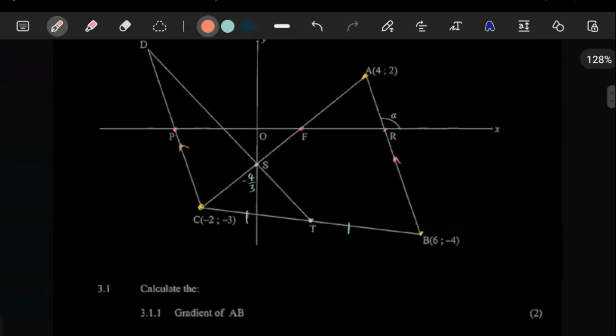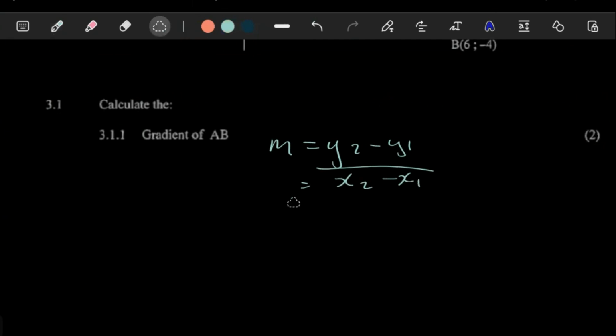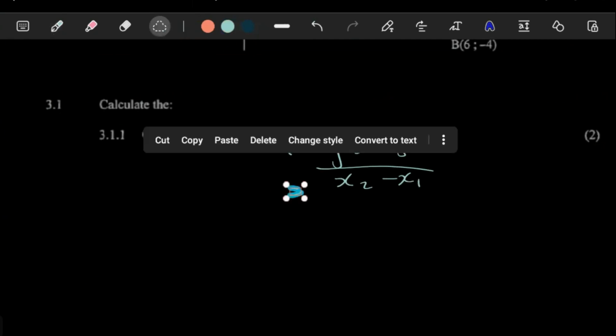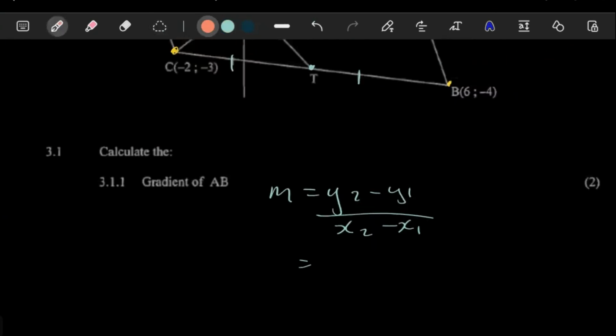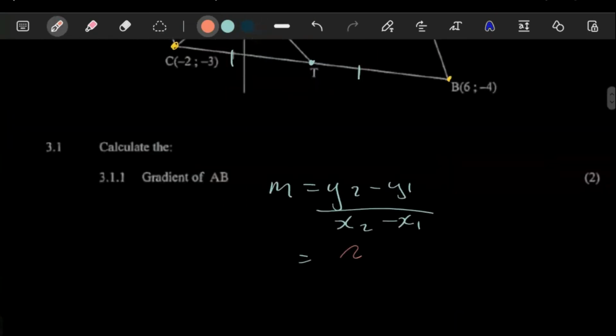Get the gradient of AB. Very straightforward, very easy question. 3 marks, never lose those kinds of marks. You can write out your gradient equation, put in your x and y values. So we can easily say negative 4 minus 2, over 6 minus 4.